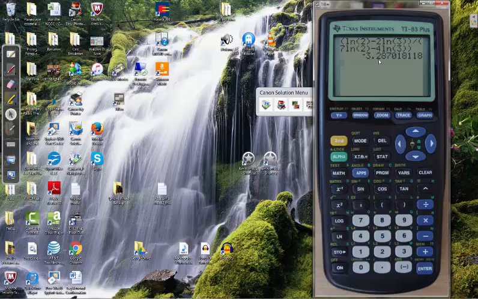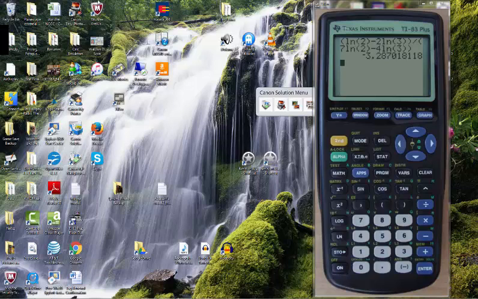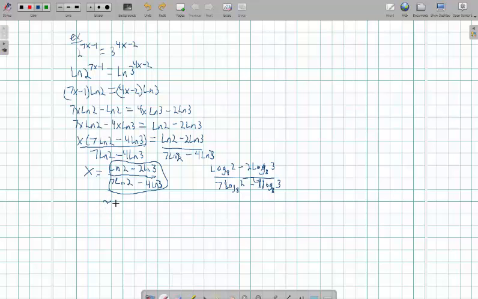So an approximate answer for that is about negative 3.287. However many decimals they want you to round to, they will tell you in the problem. Approximately negative 3.287.